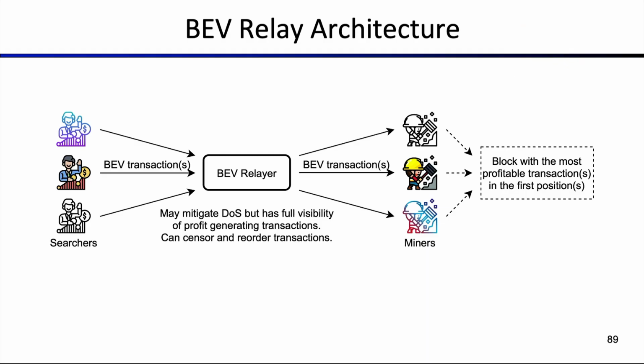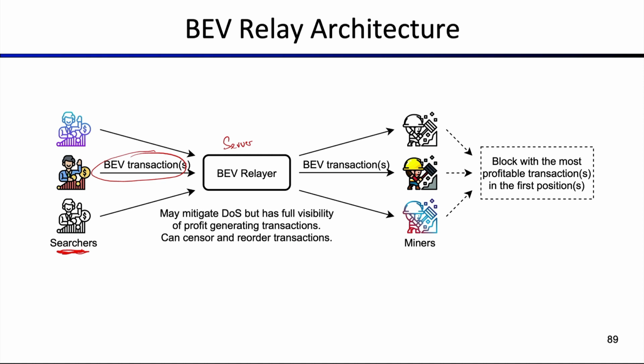So BEV relayers are really these centralized entities, mostly servers, run by individuals or companies that attract, on the one hand, so-called searchers. These are third parties that are crawling the blockchain and the network layer for miner extractable or blockchain extractable value opportunities, and they create these extracting transactions.